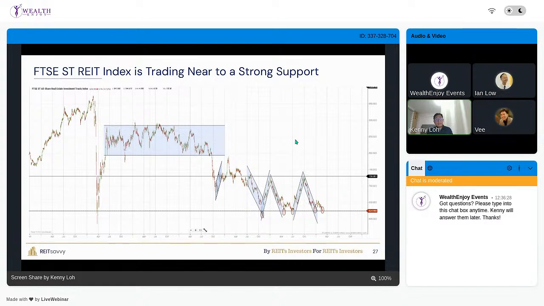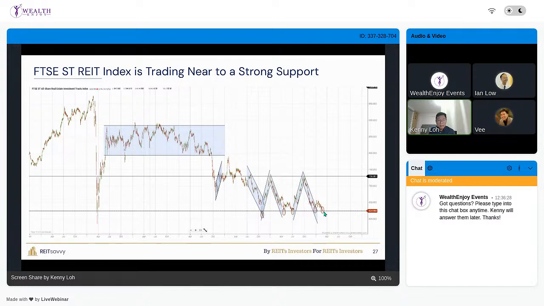Okay, and the REIT index is currently trading really near to a very strong support. This support level has been tested close to 5 times. All right, based on the reward-risk ratio itself, it is unlikely, but there is also a possibility that the REIT will go even lower because of valuation.